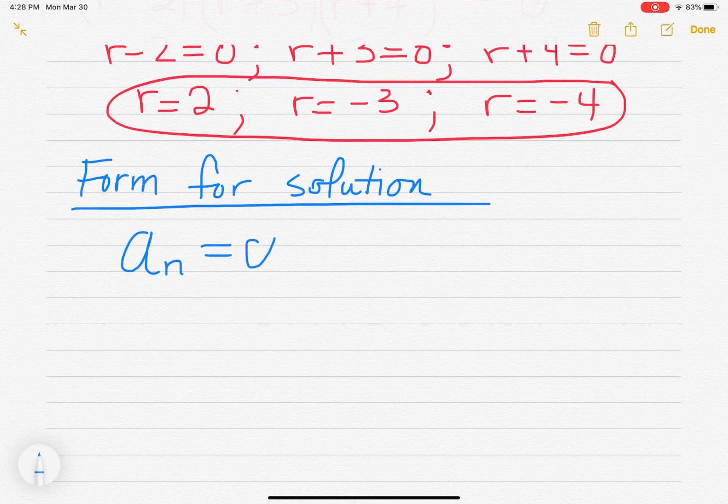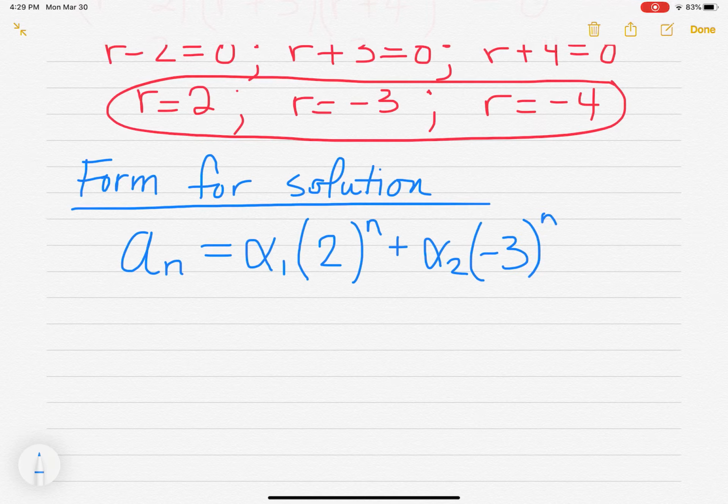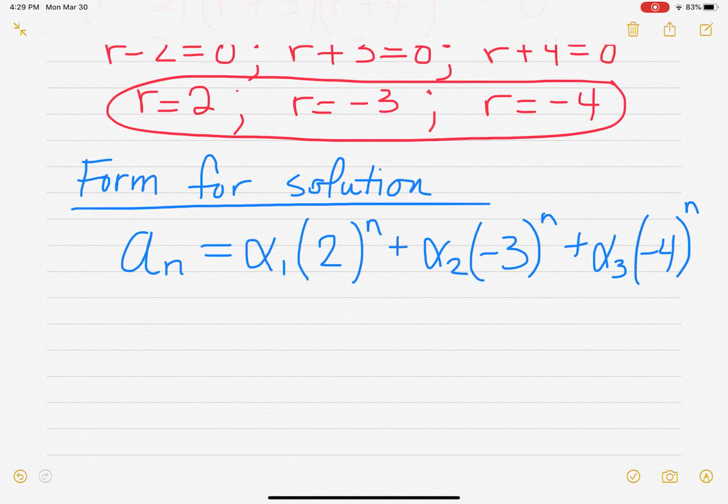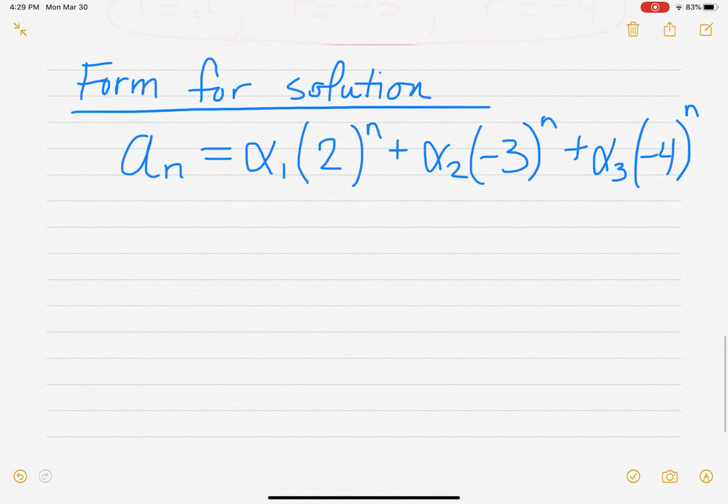So you're going to have alpha 1 times 2, that's your first root, to the n, plus alpha 2 times negative 3, your second root, to the n, plus alpha 3 times negative 4, your third root, to the n power. Okay, so that's the form for your solution, your closed form of your sequence.